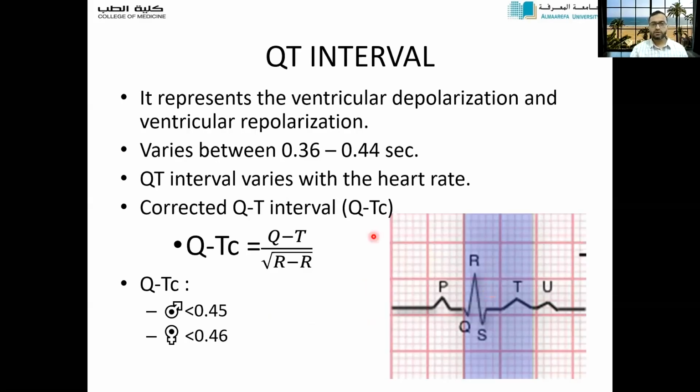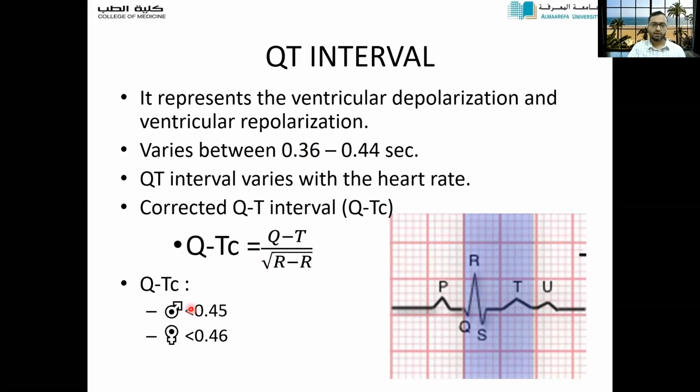QT interval, this is the longest interval we have on ECG, and this contains the whole of ventricular depolarization and repolarization together. Normal value is between 0.36 to 0.44 seconds, but it varies according to the heart rate. If the heart rate varies, the QT interval will also vary. So the correct value is known as the corrected QT interval, which comes from a formula considering the heart rate.